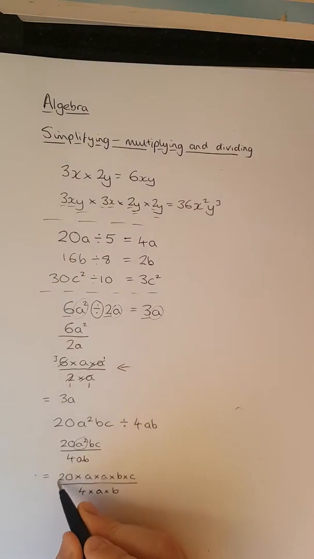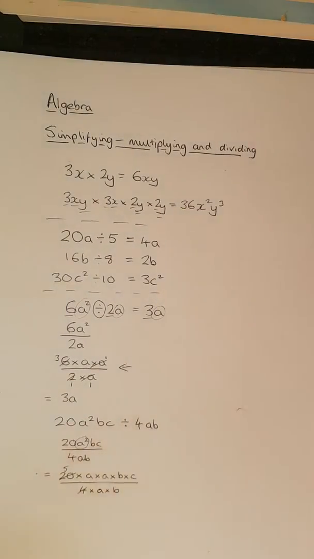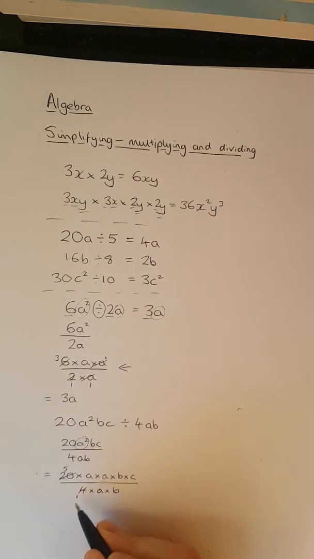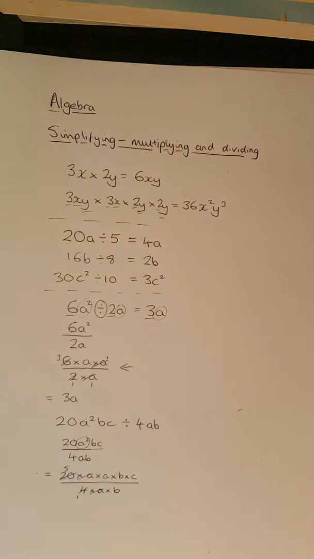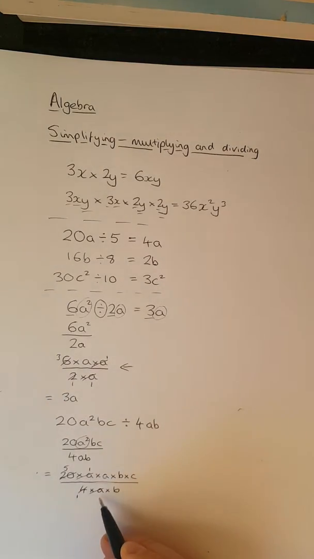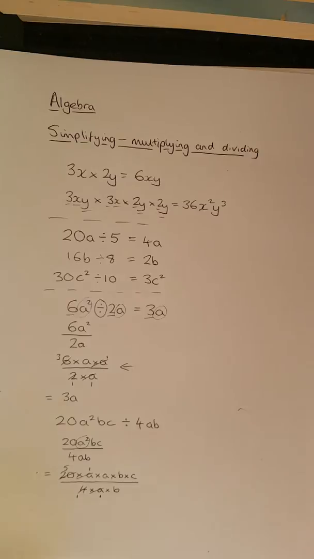Twenty divided by 4 leaves me 5. Timesing by a there and there, they cancel out. I'll put the ones, even though when I multiply by 1, it doesn't change the answer.